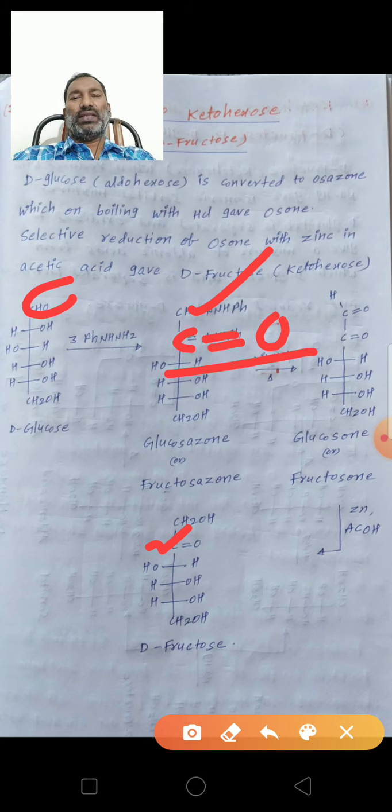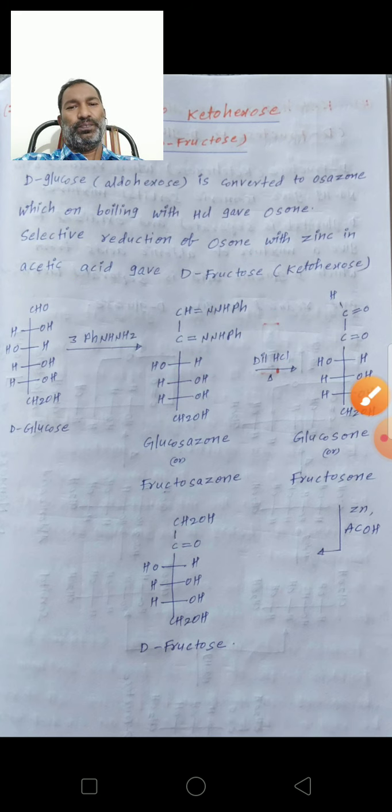Then the third mole of phenylhydrazine reacts with this C double bond O group, it will form a phenylhydrazone, that means glucosazone. So finally 3 moles of phenylhydrazine react with the glucose and form glucosazone. Likewise, fructose also reacts with 3 moles of phenylhydrazine and forms fructosazone. This fructosazone and glucosazone both structures are same.